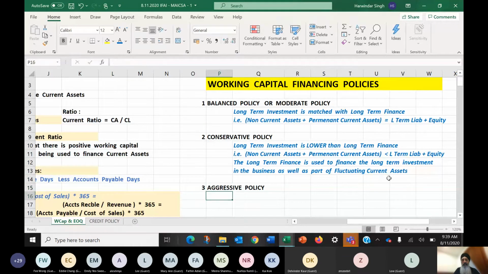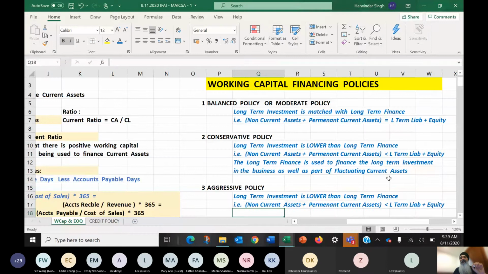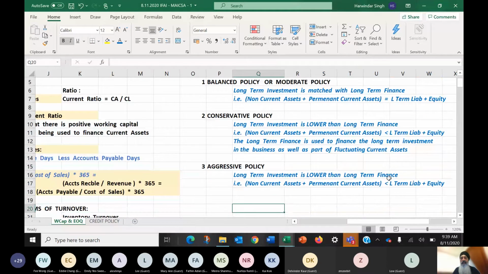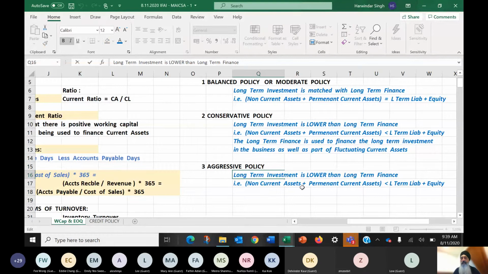And then you have the aggressive policy. I state it all in terms of long-term investment. So in an aggressive policy, long-term investment is more than long-term finance.